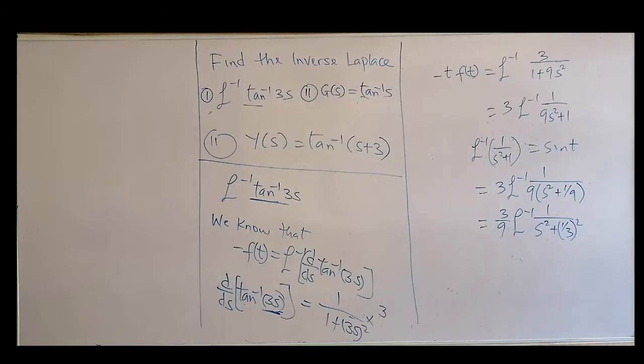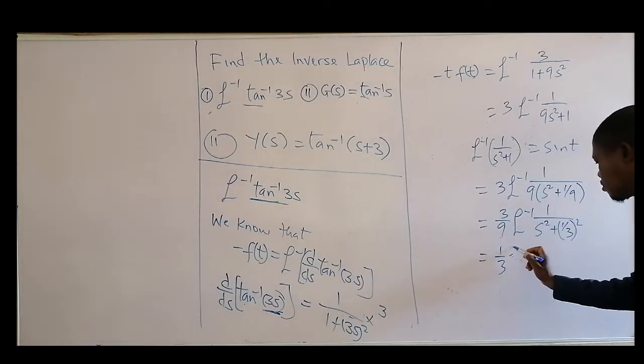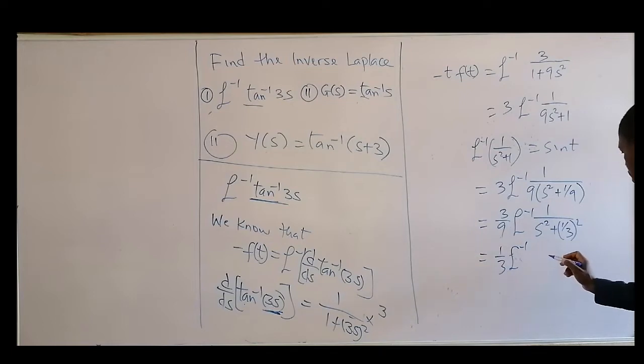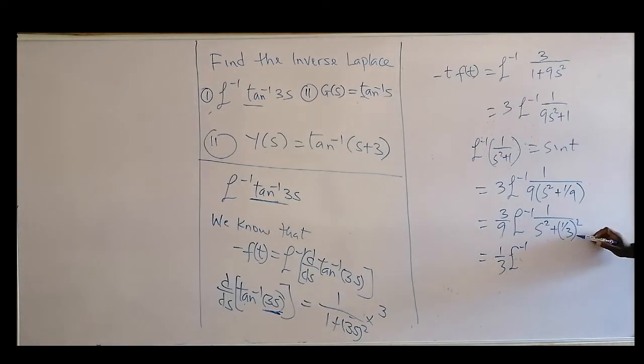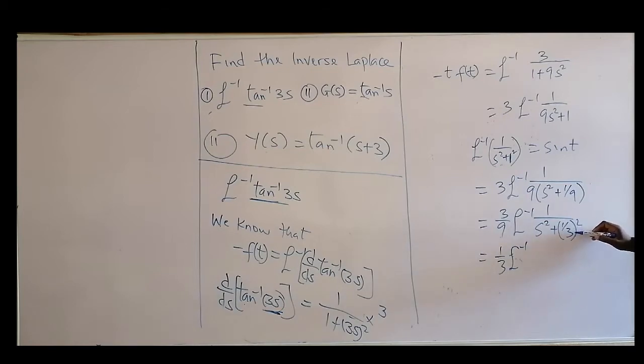Let's do it on the next line. This is 1 over 3 times the inverse of. Since we must have a double here to apply this principle, the constant here is 1 squared. Once you have the double here, you have one of that double on the top.